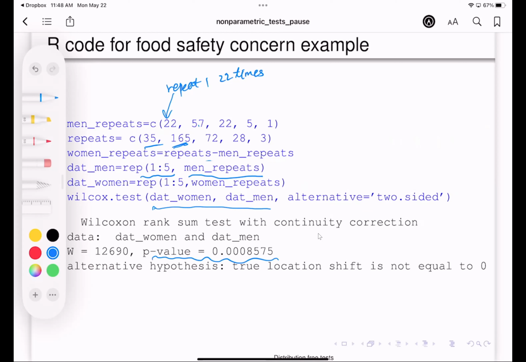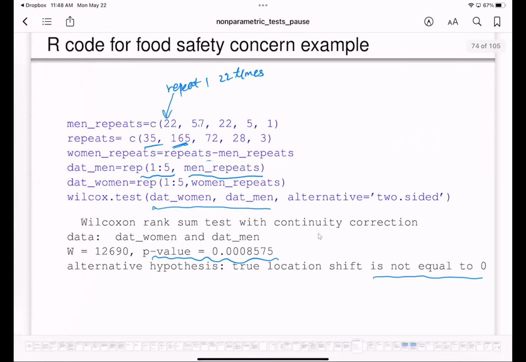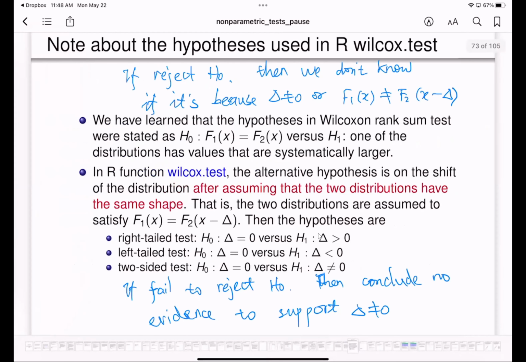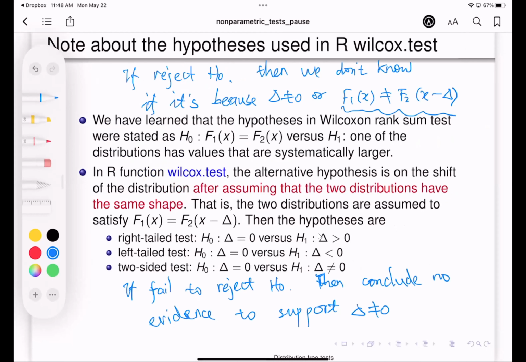With that p-value very small, the alternative hypothesis says the shift is not equal to 0, but we really cannot tell whether it's because the shift is not equal to 0 or because the CDF assumption mentioned on the previous slide is violated. We don't really know.